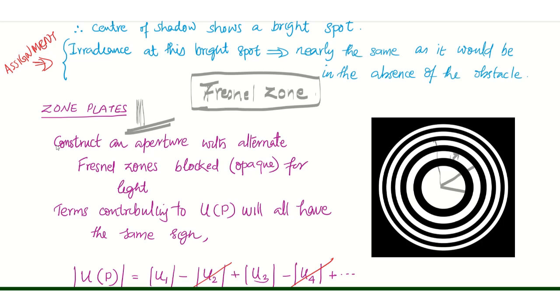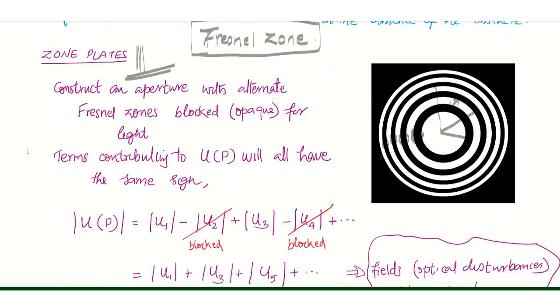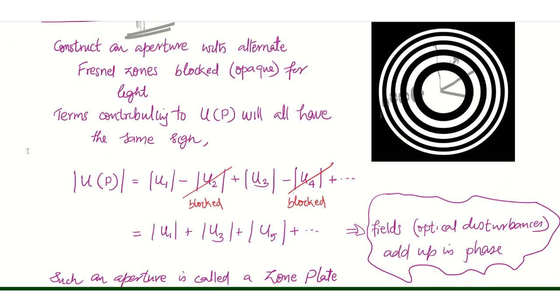Make a device in such a way that the second zone, shown as the dark zone here, then the fourth, then the sixth, eighth, or vice versa, are physically blocked.